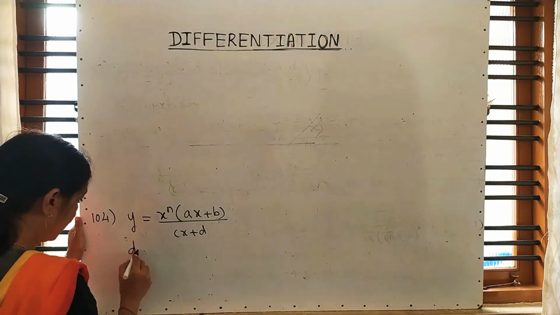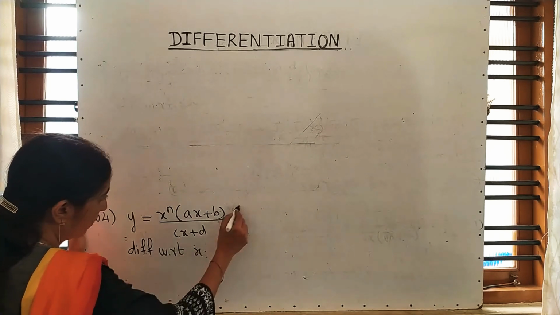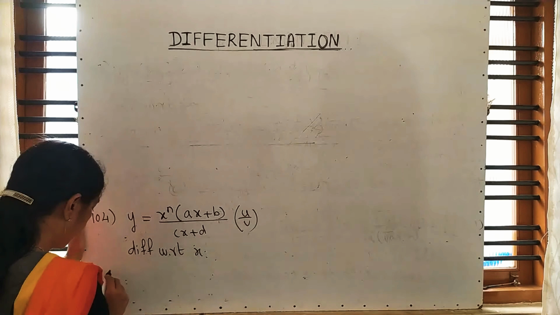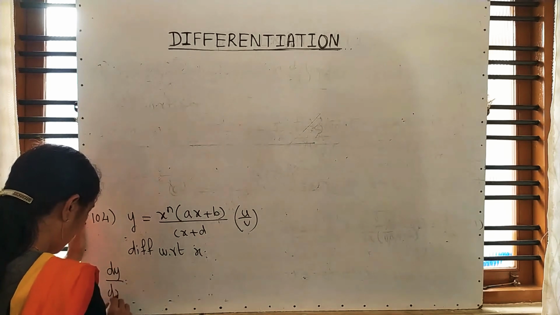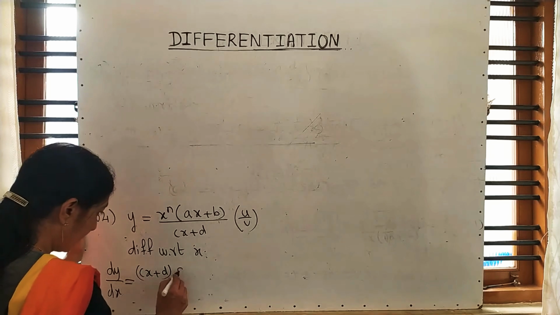Differentiating with respect to x. First u by v. dy upon dx is equal to cx plus d in the bracket.